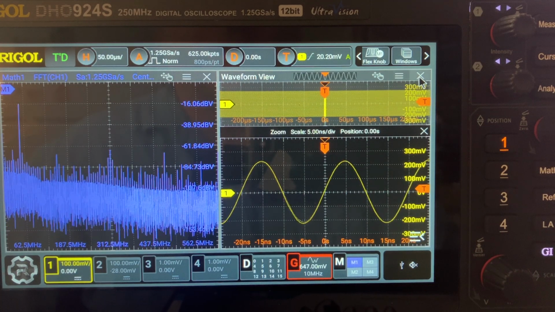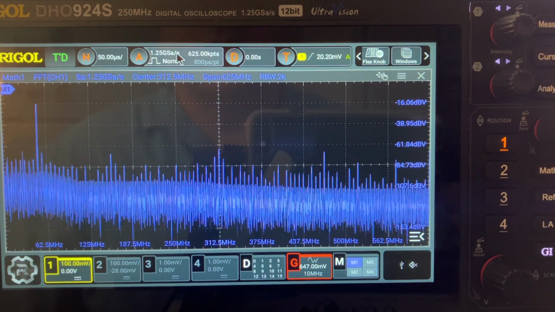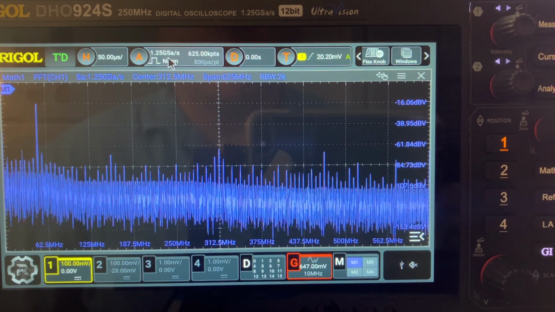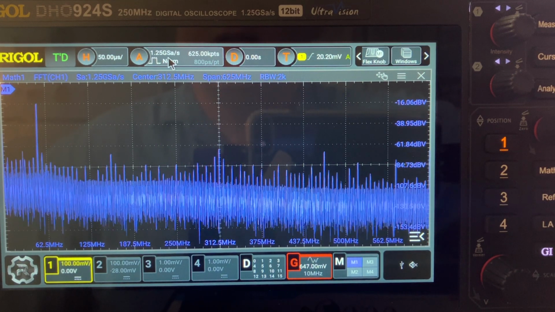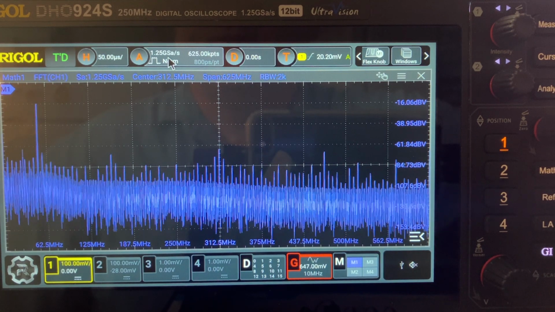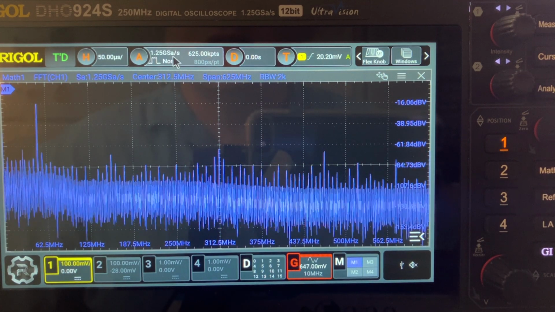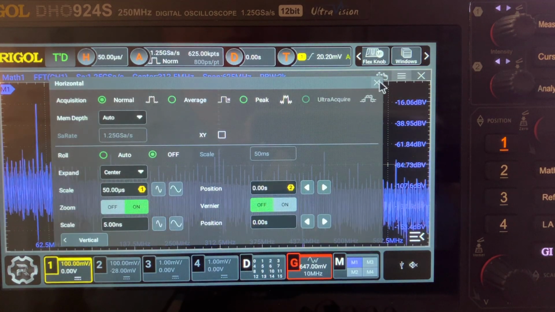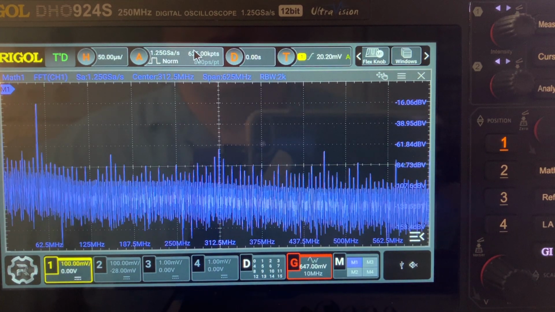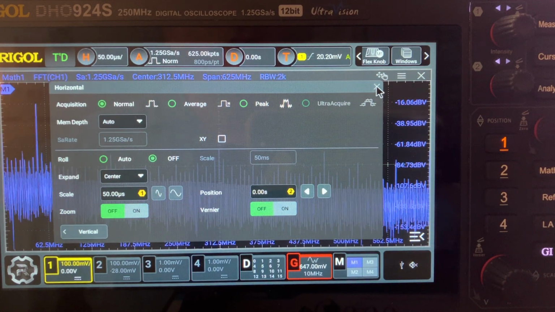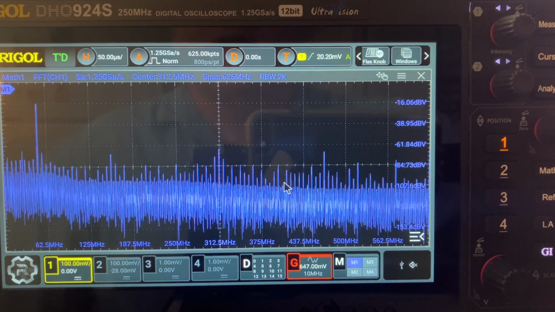So let's get rid of this. I was showing 125 maximum sampling rate of the scope, but if I increase the... I have to select this. I have to turn off the zoom, so the button will now work again.